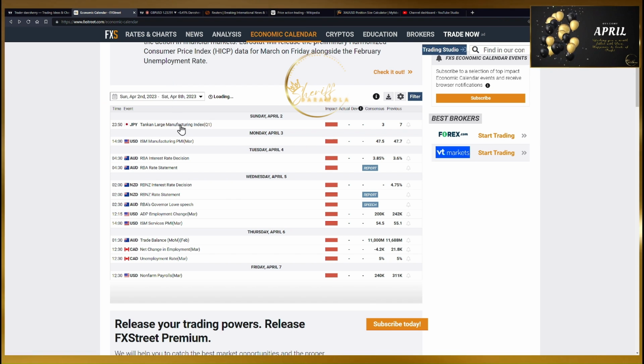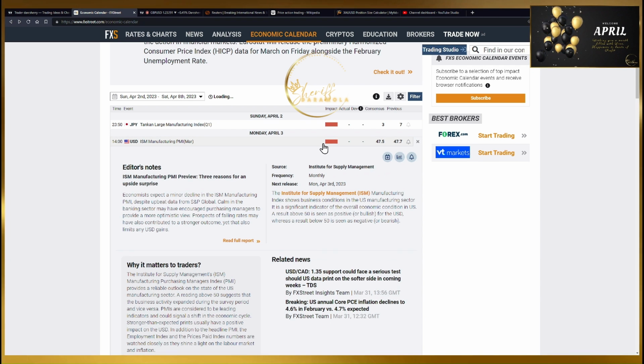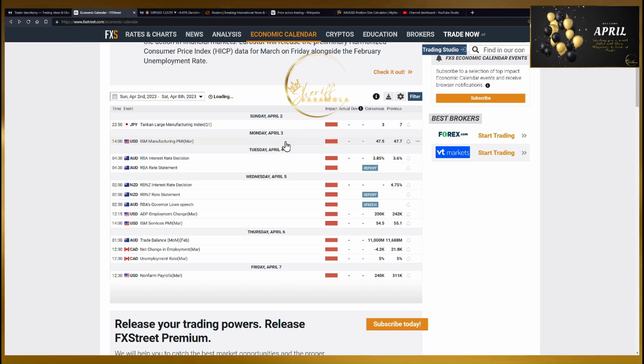And if you look at what is expected this week, the first event is coming up on Monday, April 3rd, and we have the ISM manufacturing PMI, which gives us the index of the business conditions in the US manufacturing sector. It's a very significant economic indicator which we are going to be looking forward to.